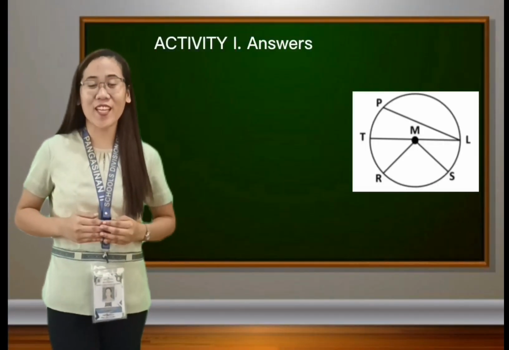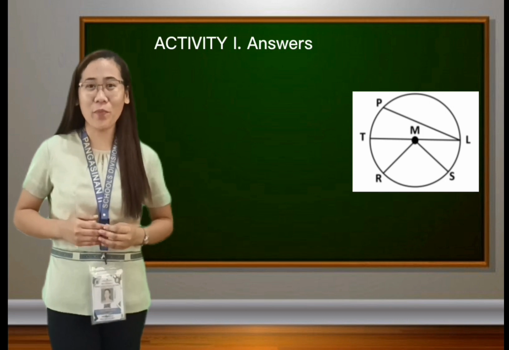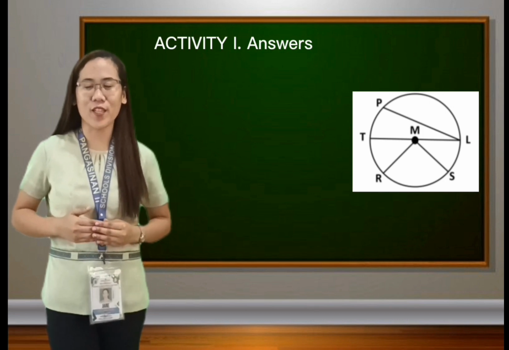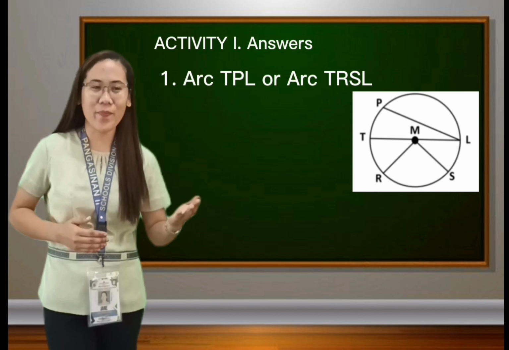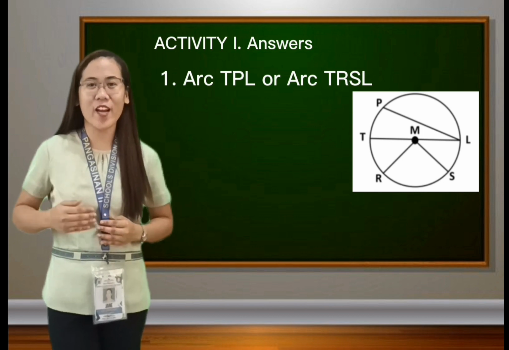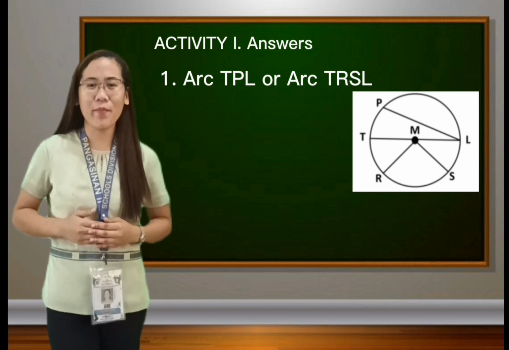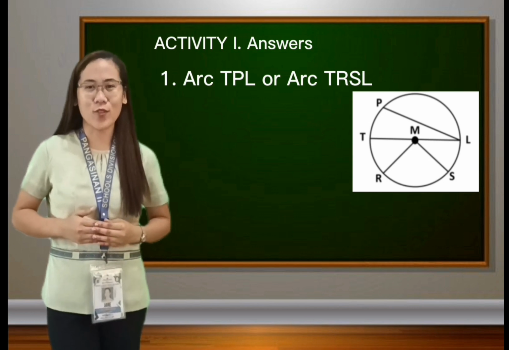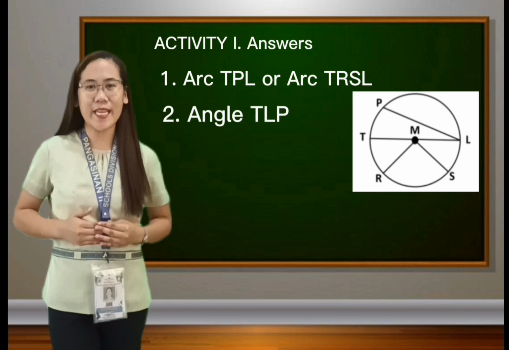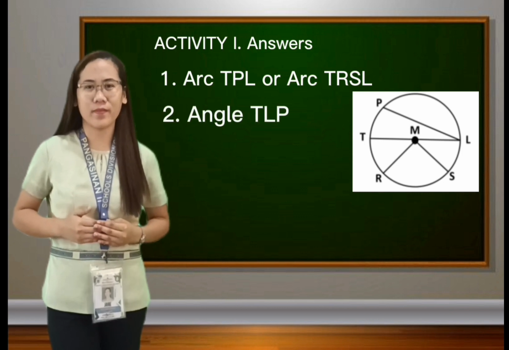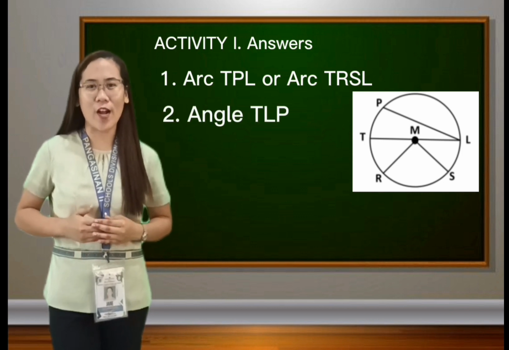Now, let us check your answers. For number 1, name a semicircle. So we have RTPL or RTSL. For number 2, name an inscribed angle. So we have angle TLP. Number 3, major arc.